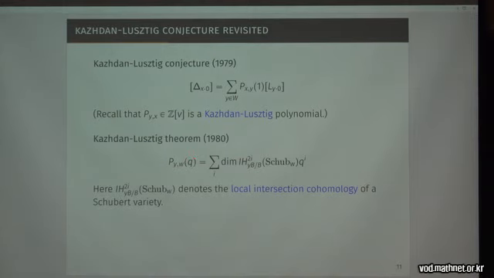And on the right, this is a Schubert variety, and we are taking some cohomology groups of this Schubert variety at a particular point, some kind of local cohomology groups, and then taking basically a Betti number. So this is a graded vector space, and we're taking its graded dimension, essentially. So this is the local intersection cohomology of a Schubert variety. I'll come back to this in a second.